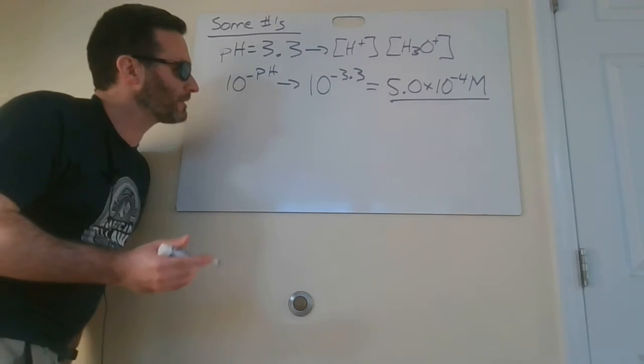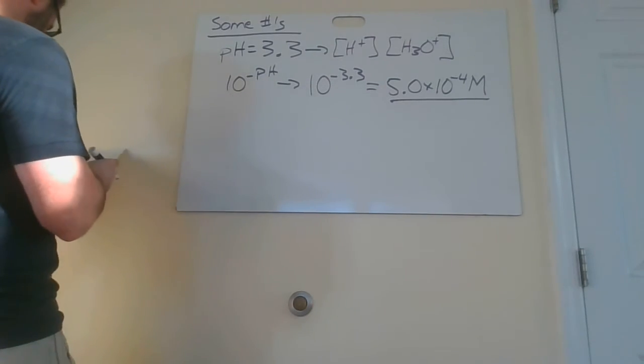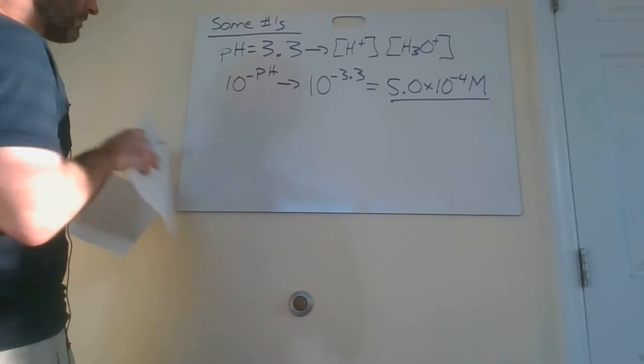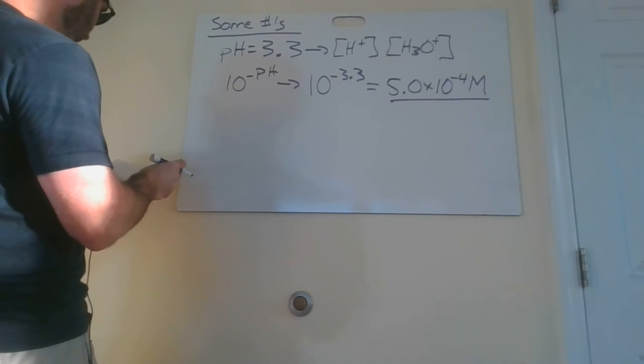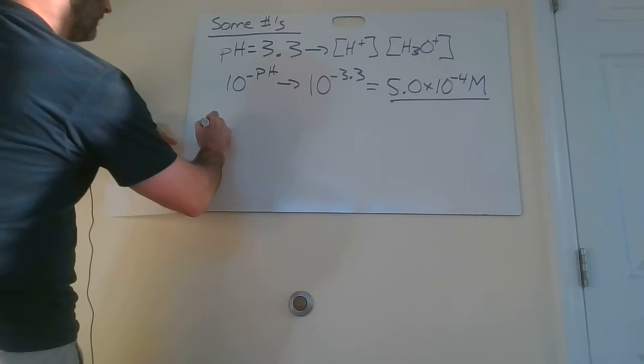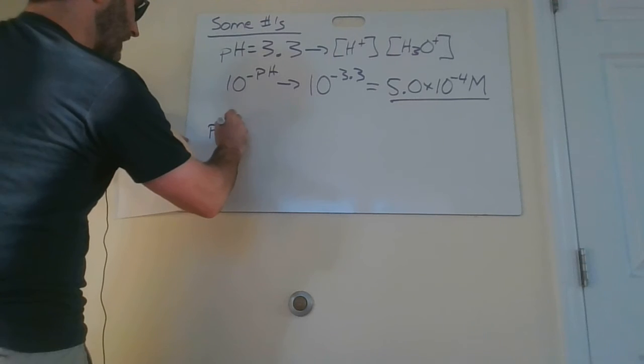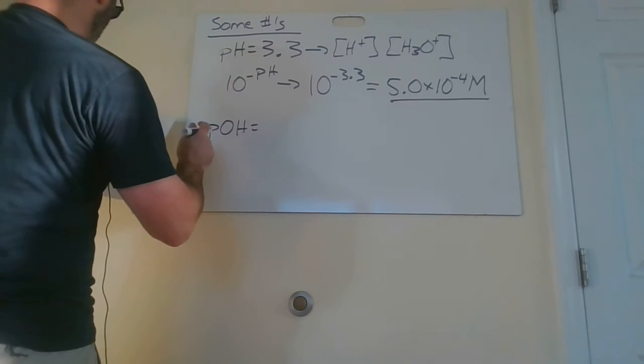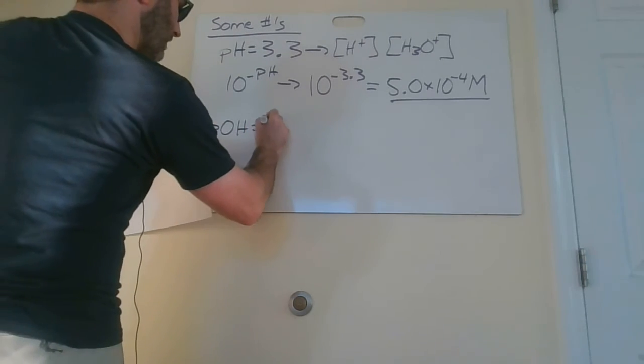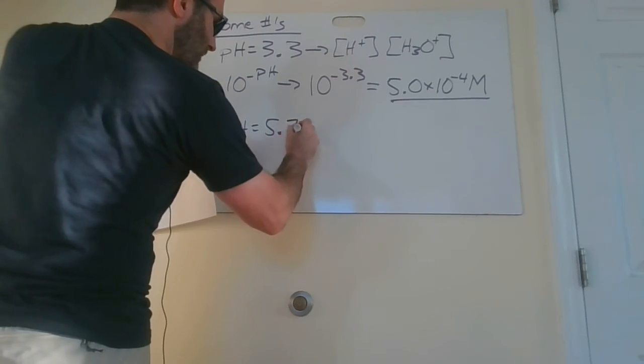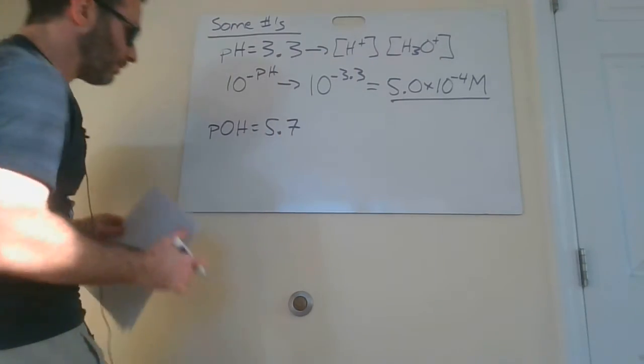Same thing if you wanted to do pOH and you wanted to see, hey, how much hydroxide do I have. So if you've got a pOH that's worth 5.7, that's not going to be super basic because 7's neutral.